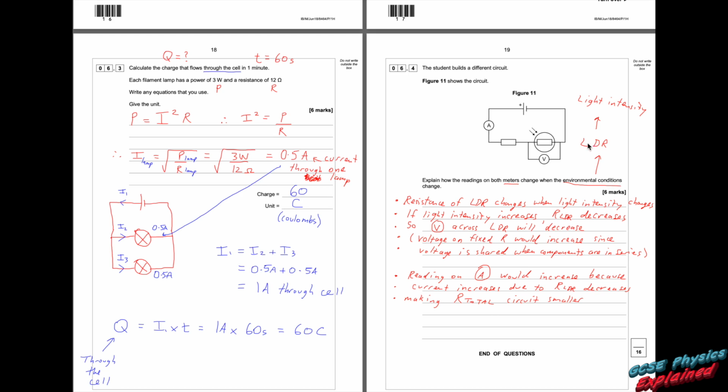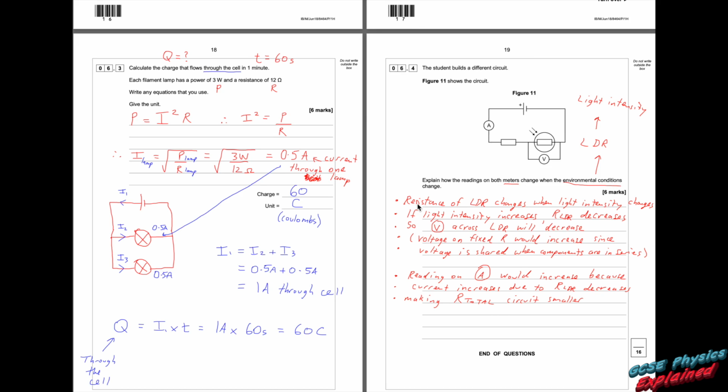In this case, we're using an LDR, which is a light-dependent resistor, so we're interested in the environmental condition known as light intensity, so how light or dark it is. So, explain how the readings on both meters, so the voltmeter and ammeter, change when the environmental conditions change.